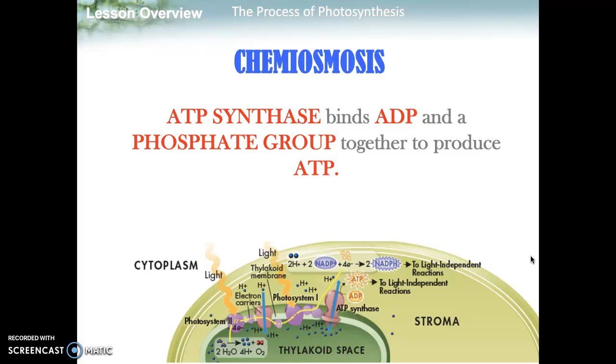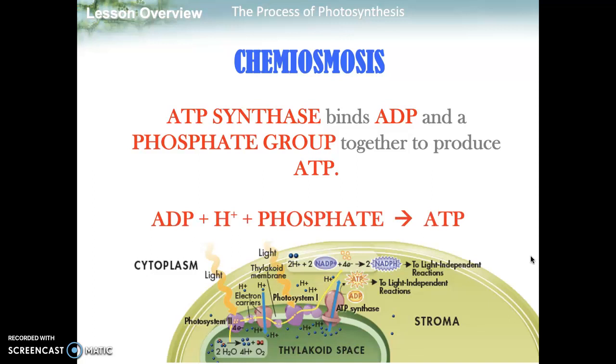That's the ase ending, what you see right there in synthase. That enzyme helps ADP, or adenosine diphosphate, to join with another phosphate group. Again, we need some high energy electrons to provide the energy. And when the ADP joins with the phosphate group, we end up with ATP, or adenosine triphosphate. Again, that ATP and NADPH are going to be used later on.